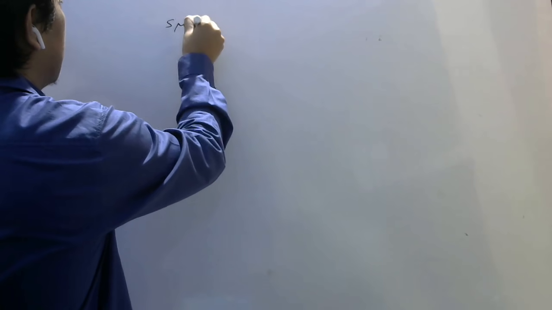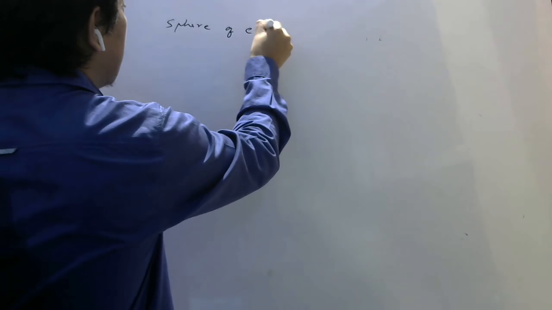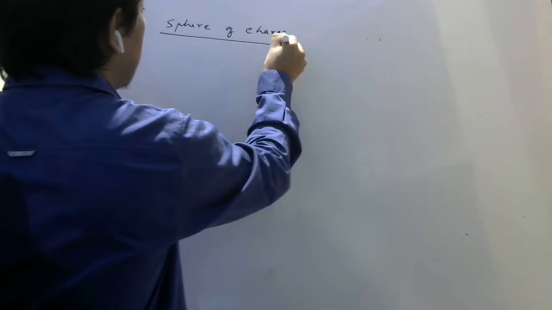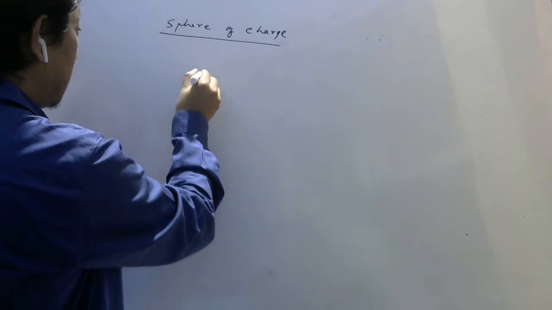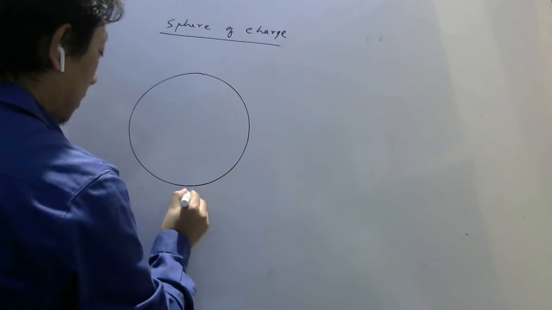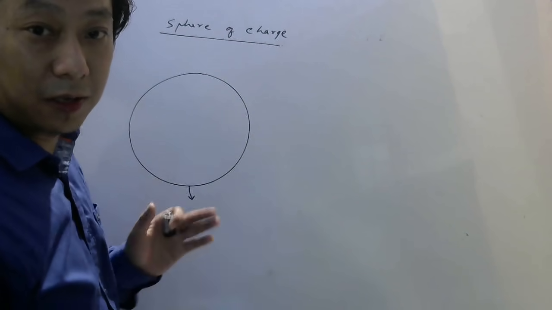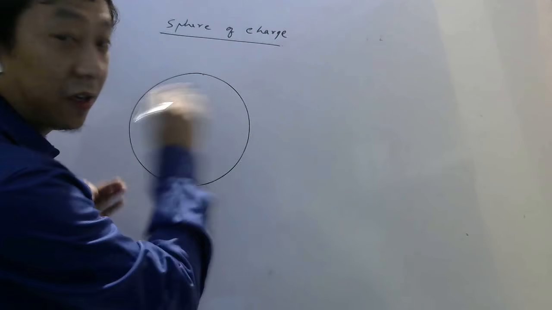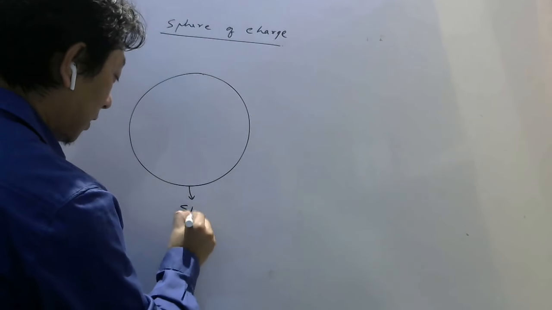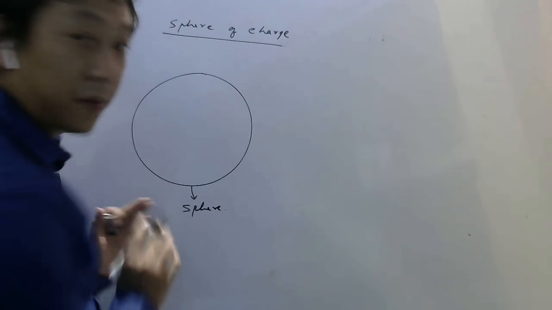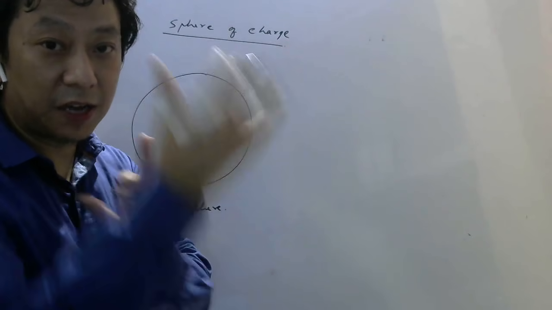Okay, so sphere of charge. So now let me say this is your sphere. See, on the board everything will look like a disc only, a circle only, no? So this is a sphere. So please remember it is a sphere. Okay, it's 3D, 3 dimensions.